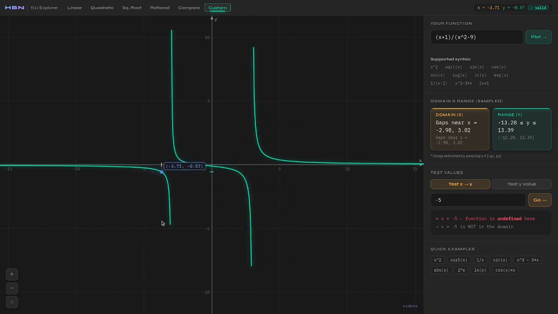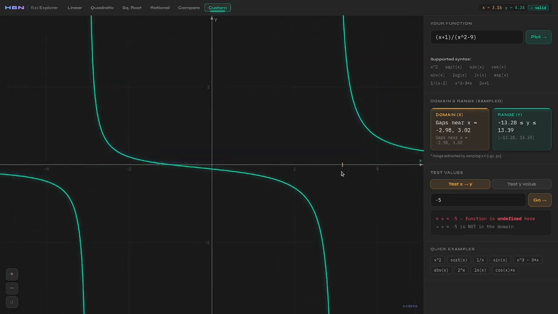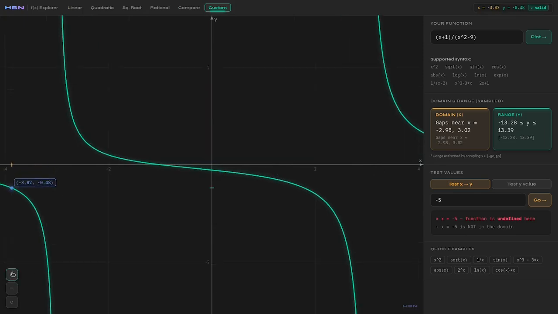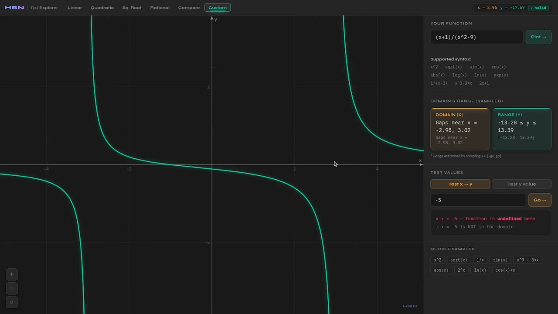The same applies over here. It never touches the negative 3. It goes up and goes up, but never touches the negative 3. If you zoom over here, you see what is happening. So this is how it looks.